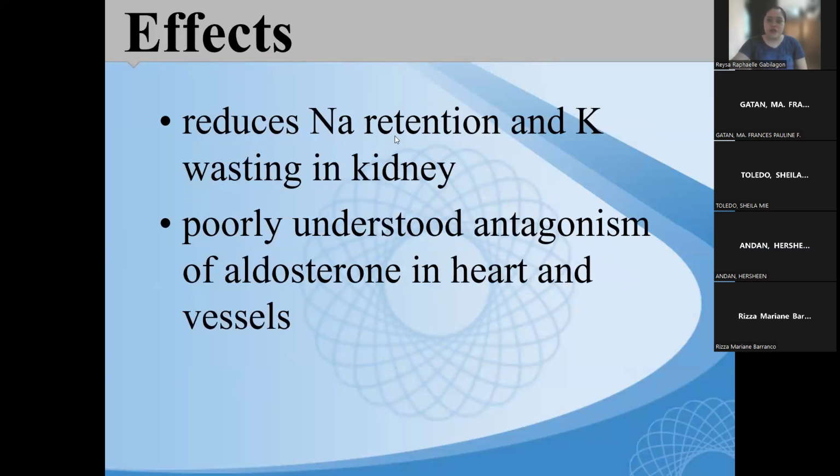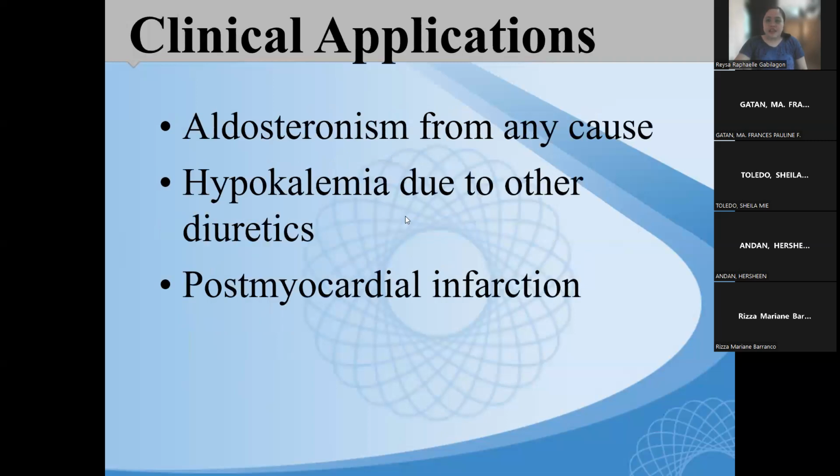As I mentioned earlier, there is reduced retention of sodium. So we excrete sodium, and at the same time spare the potassium. However, the antagonism of aldosterone activity in the heart and the blood vessels is poorly understood until now.